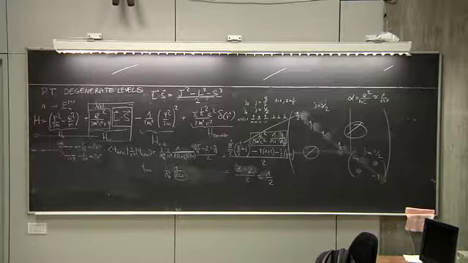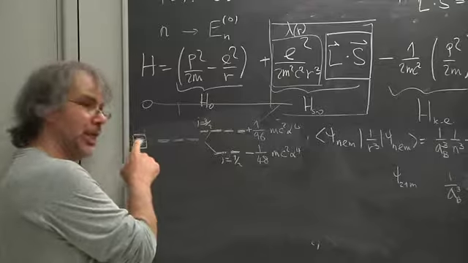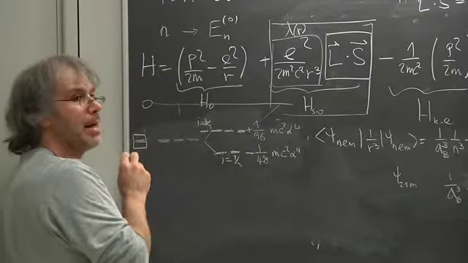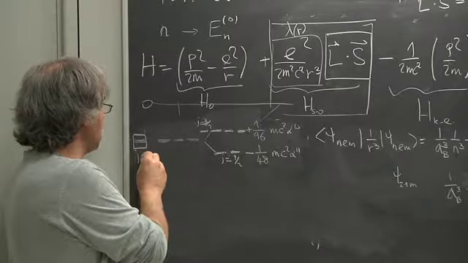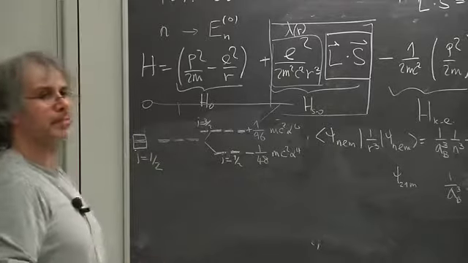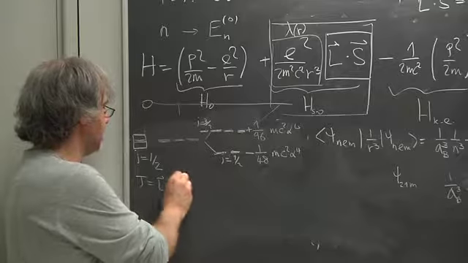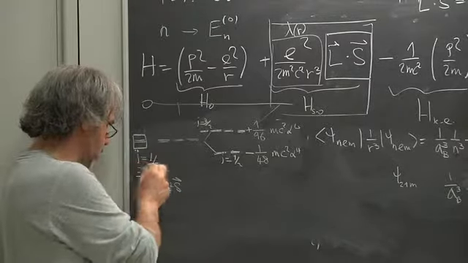Now, this is not the whole story, although I don't want to take much longer. Because now you see that the poor 2s is there, still untouched by the spin orbit, because L is equal to 0. But you realize that the 2s is also a j equal to 1/2, right? Because j is equal to L plus s, and if L is equal to 0, this is also j equal to 1/2.